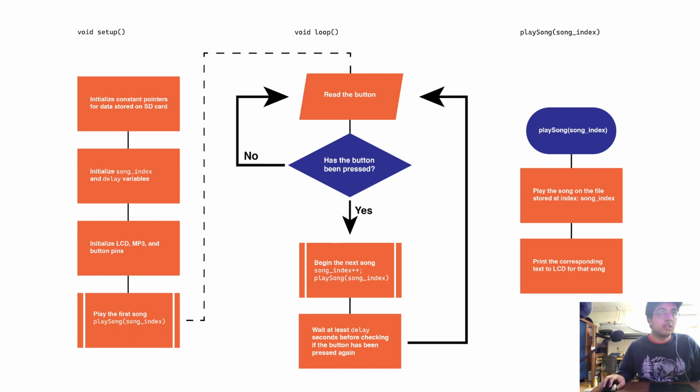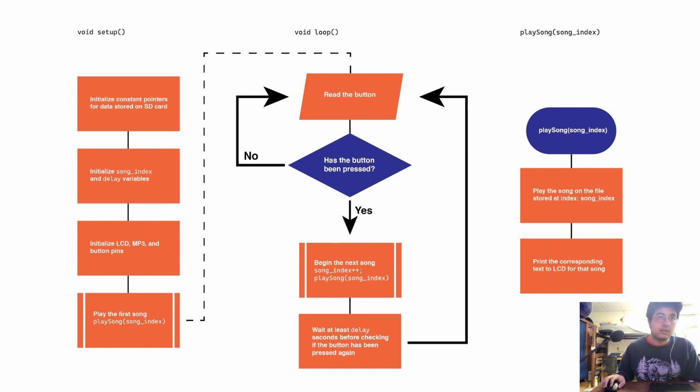And that's because in the void loop, here we have something that's reading the button. And if the button's been pressed, it's going to play the next song, increase the song index, so go to the next song, and then call this function play song. And then it's going to wait at least 1 second, which is what we have programmed, before checking if the button has been pressed again.